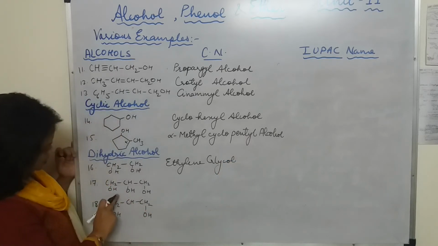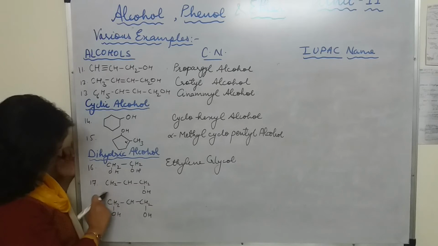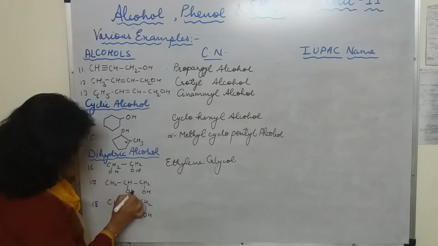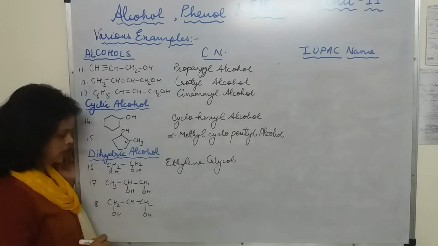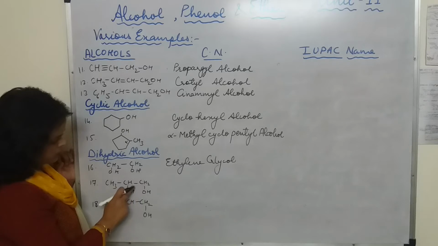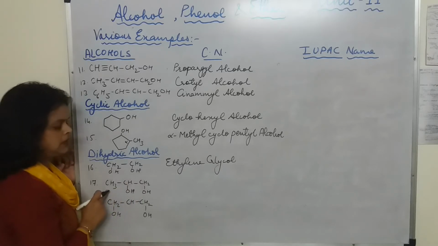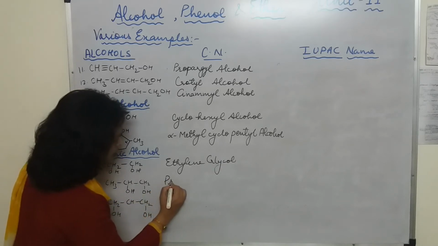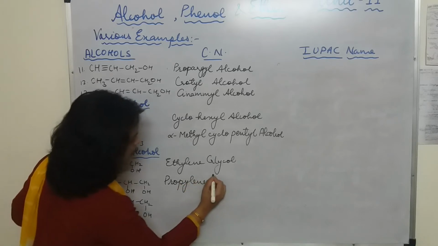Okay. Now here I am going to take first the diol only. Here it is 1,2-diol, that is alpha glycol, and the name of the alkene will be 1,2,3 carbon alkene, so its name will be propylene glycol.